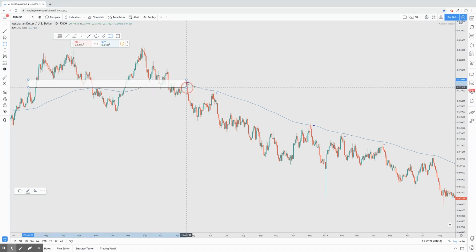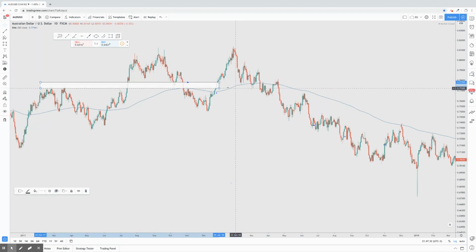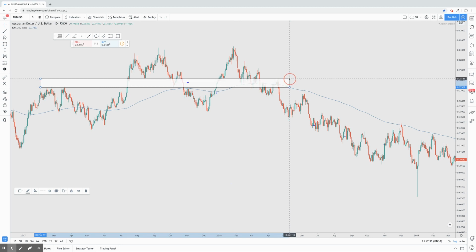And right here we have a resistance that was respected as support, and over here resistance as well. If I drag this over here, whoops, it is the same area, right? So this area is my confirmation that this is an area I will look to sell at.